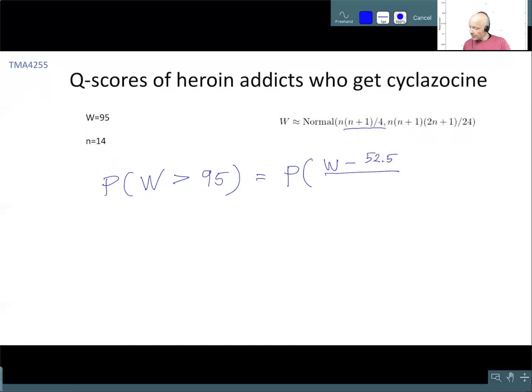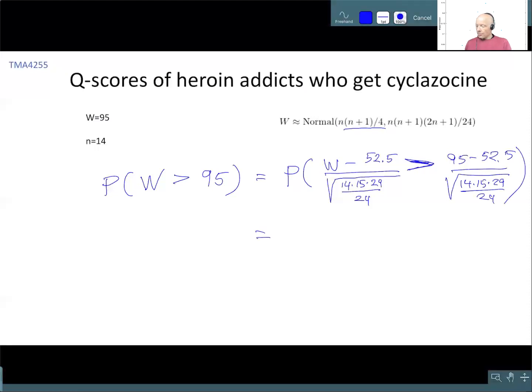And then this is the square root of this expression, which is 14 times 15 times 29 divided by 24. And then this should be bigger than 95 minus 52.5, and then the square root again. Now we have normalized, so this value here is a standard normal. So this is the chance of a standard normal being larger than the expression to the right, which is 2.67.